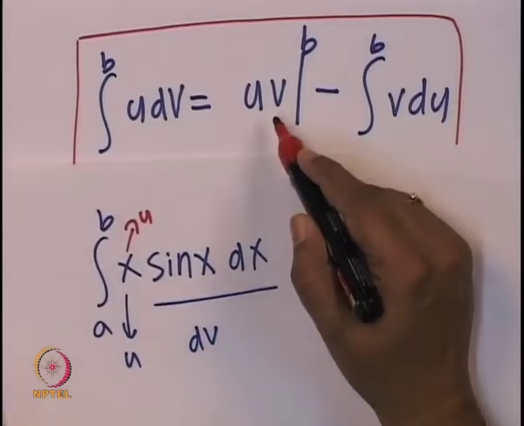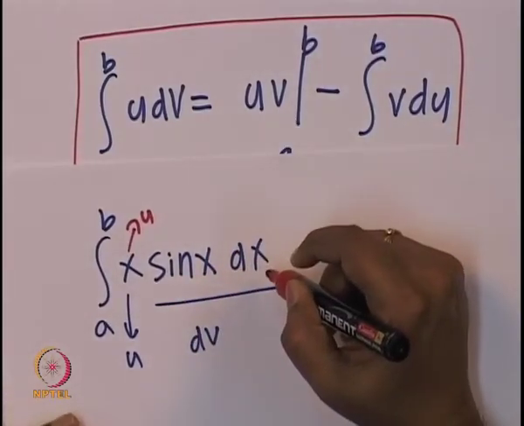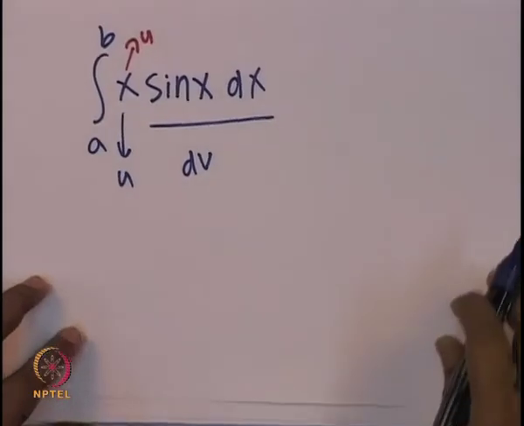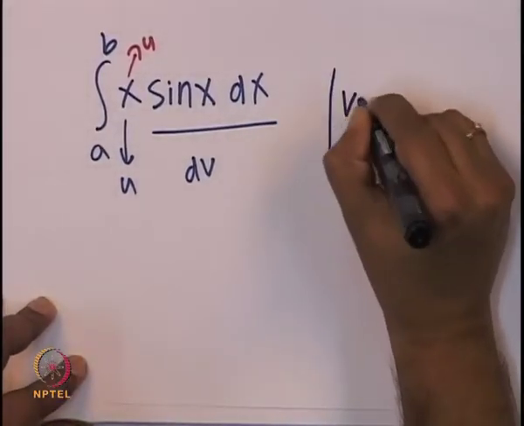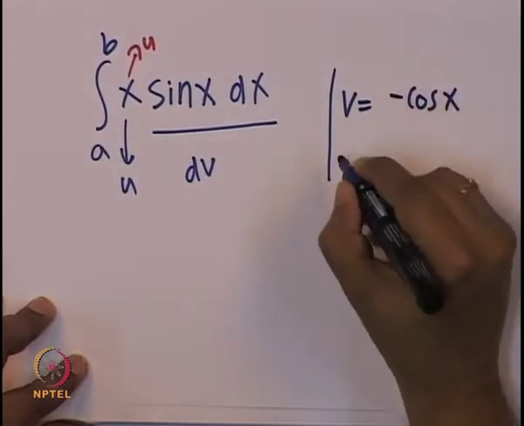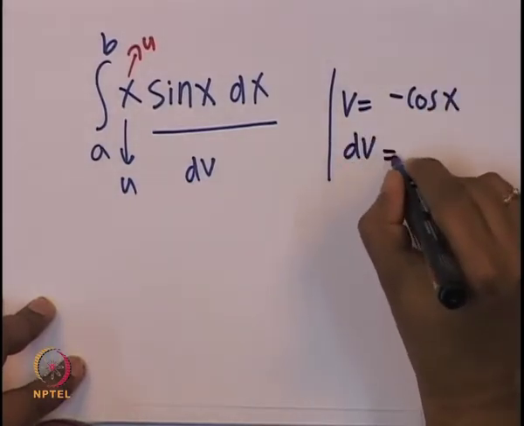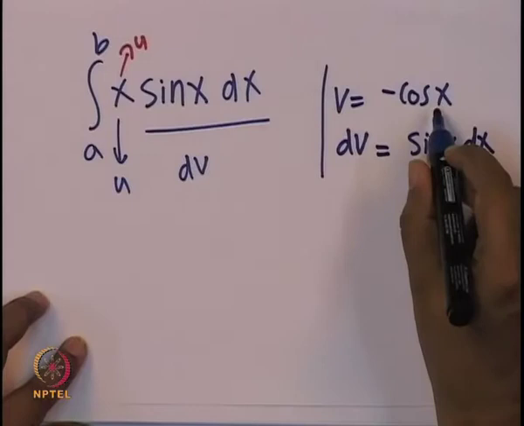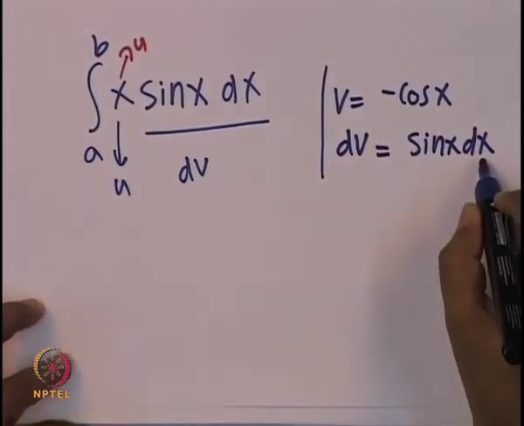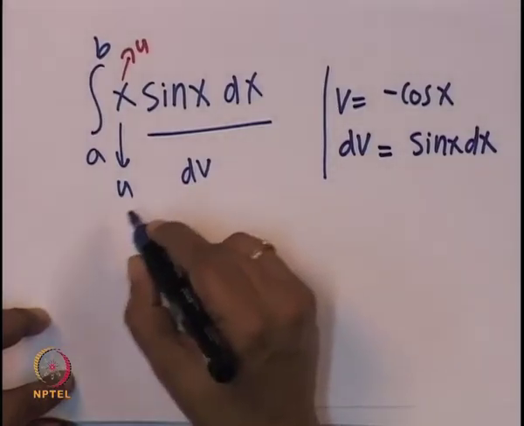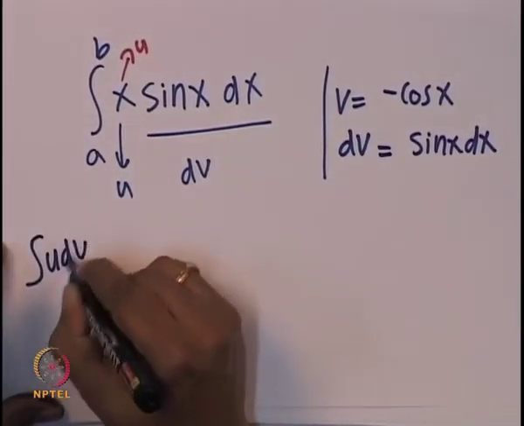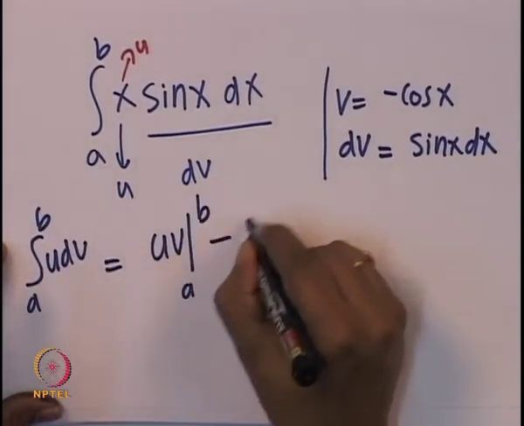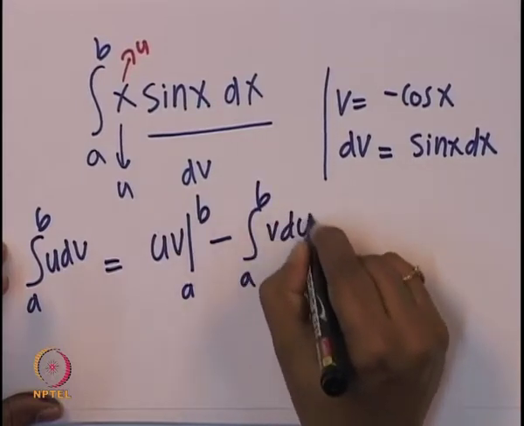You have to find out v. dv is sin x dx, so v has to be minus cos x, because the derivative of minus cos x is sin x dx. So, the formula says that integral u dv from a to b is u v in the limit a to b minus integral a to b v du.